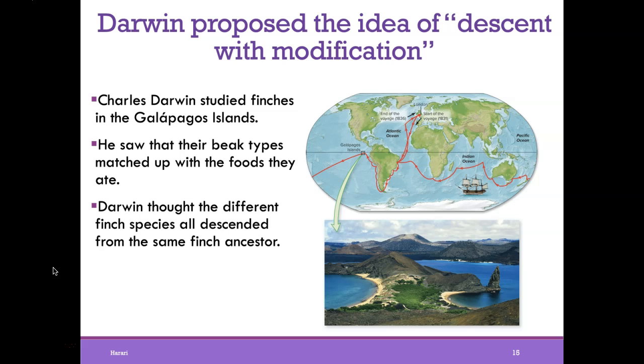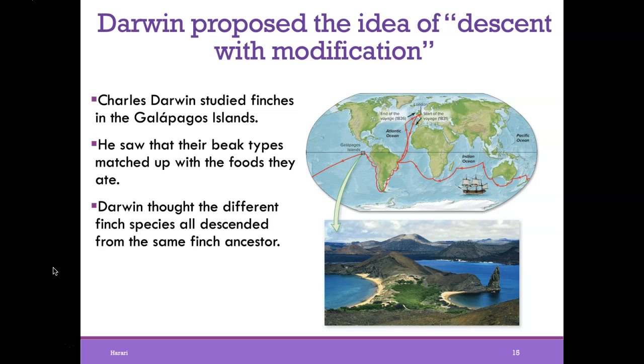So the different beak types matched up with the types of foods that were present on each island. So Darwin thought that the different finch species might have all descended from the same finch ancestor. So this was the beginning of the idea that there is descent, right? Descent, there was an original finch, but there was modification as generations passed.